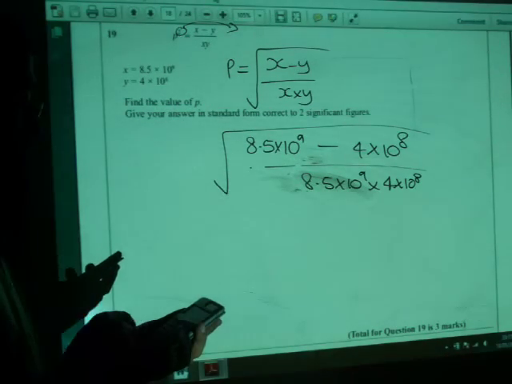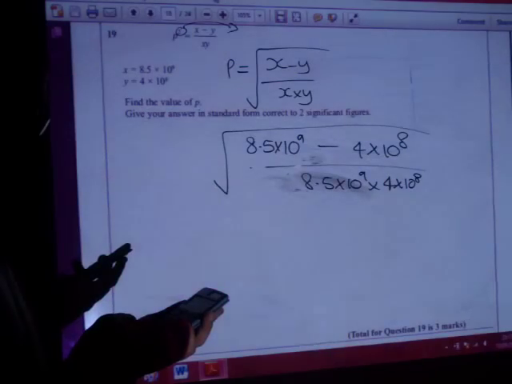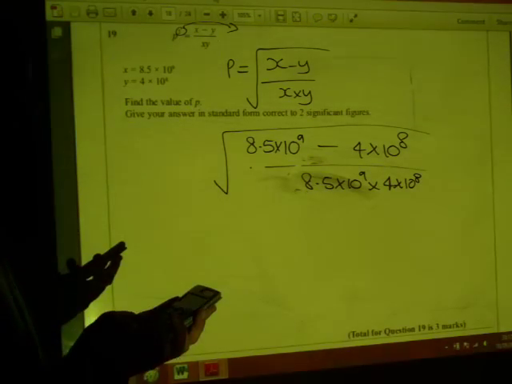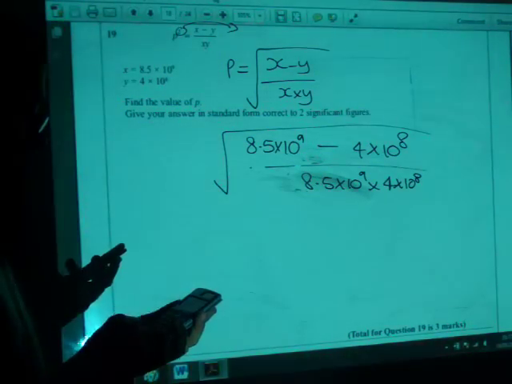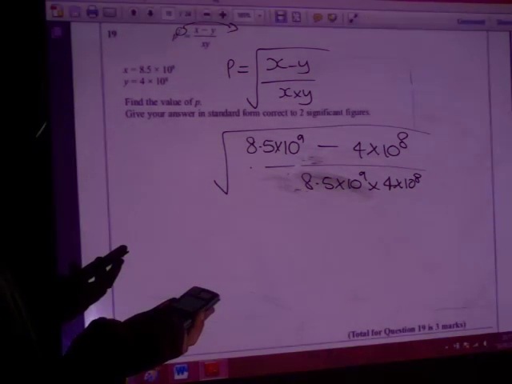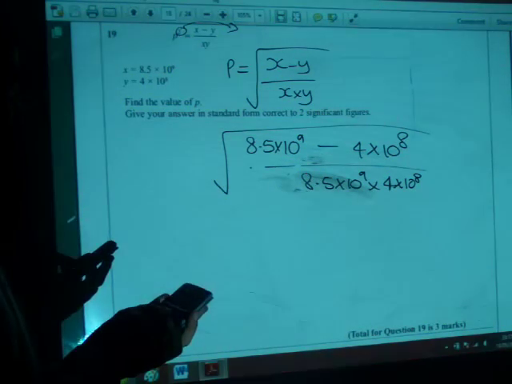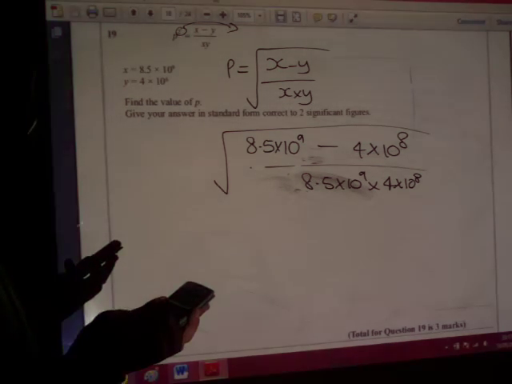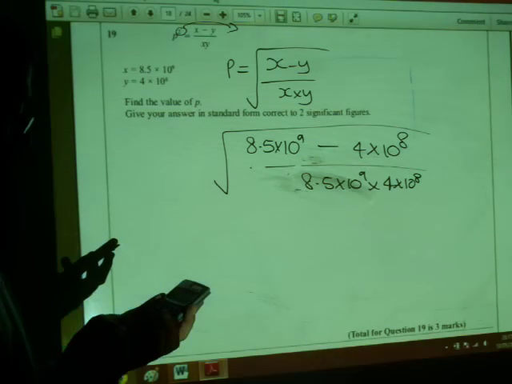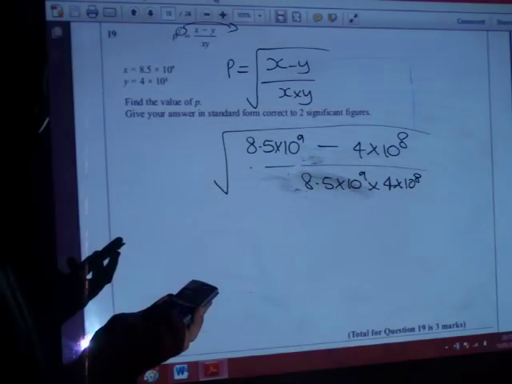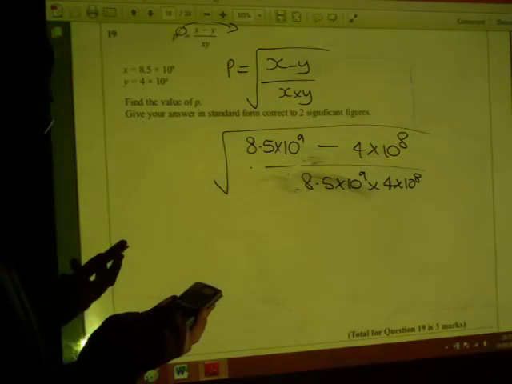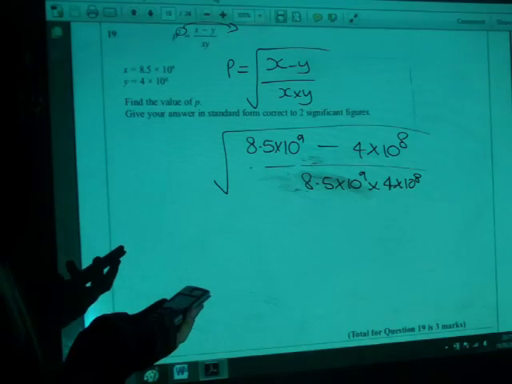Square root, fraction button, 8.5 times 10 to the 9, take away 4, and so on. I get 0.